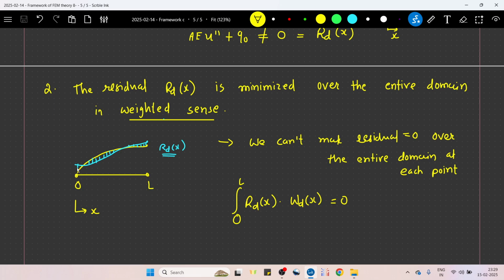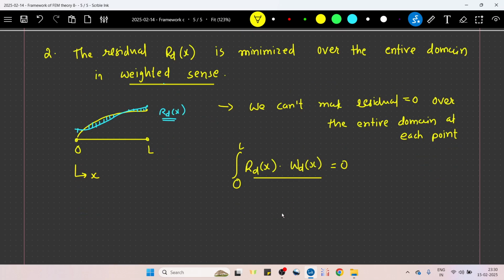That means the residual at this location will be multiplied with the weightage. We'll multiply all the residuals or errors with a weighting function, and at each point we'll sum it up, or we'll take the integral, and that complete integral or summation of the error times the weighting function, we'll try to make it zero.